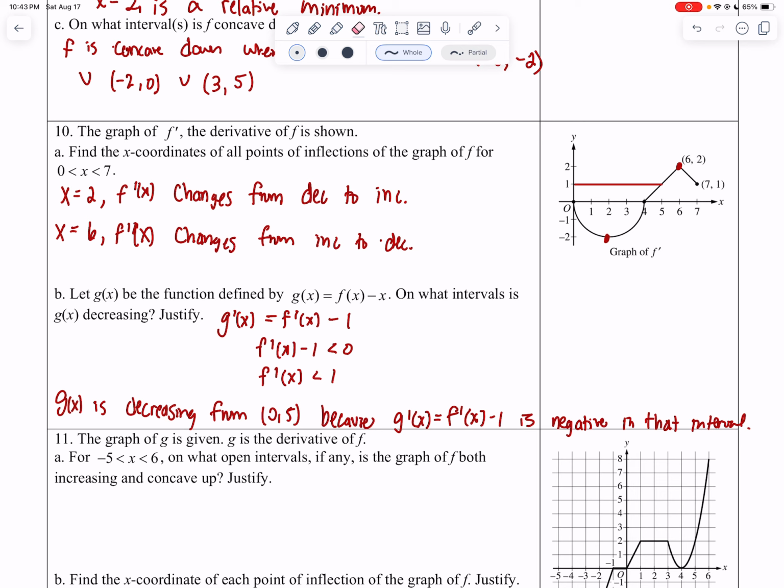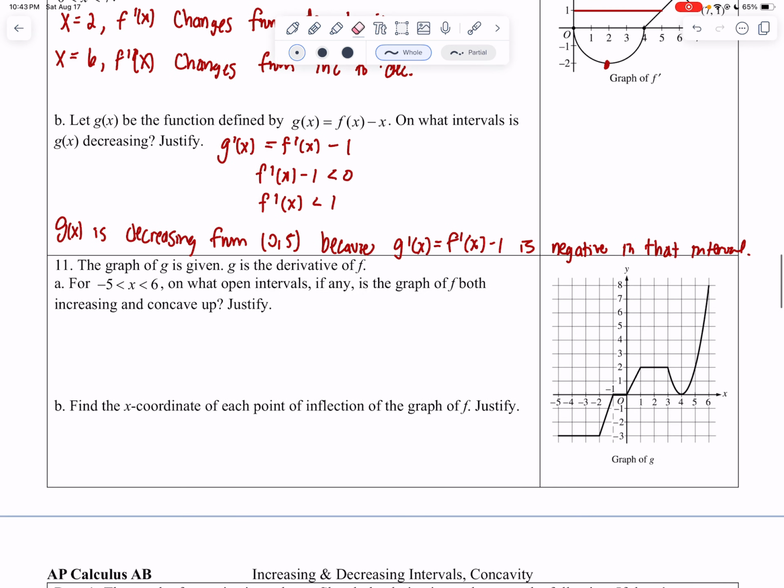All right, so now let's go ahead and look at number 11. We have the graph of g, and g is the derivative of f. And for a, we say from -5 to 6, on what open intervals, if any, is the graph of f both increasing and concave up?